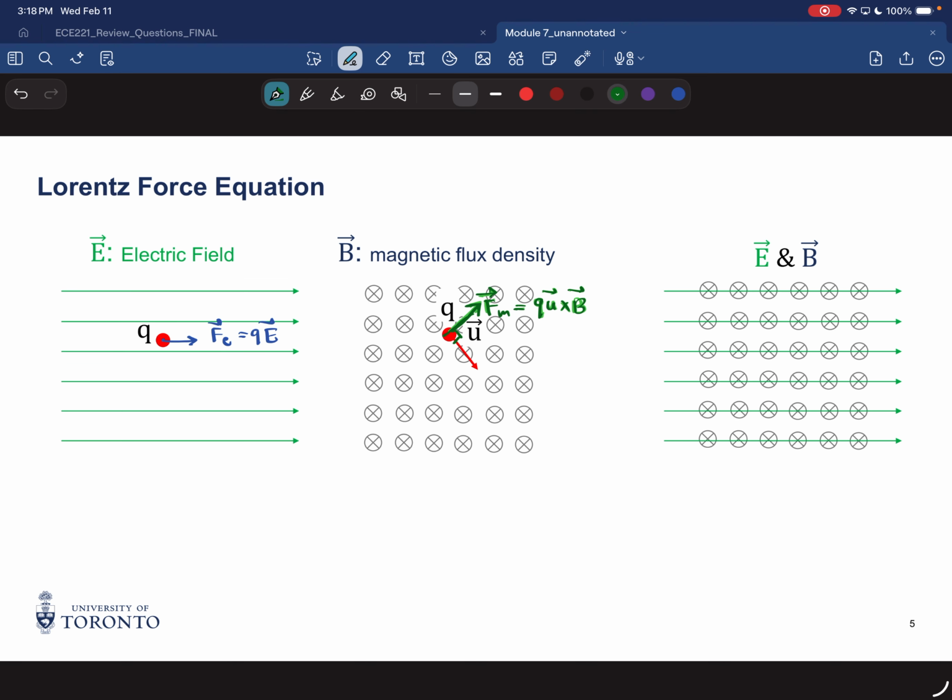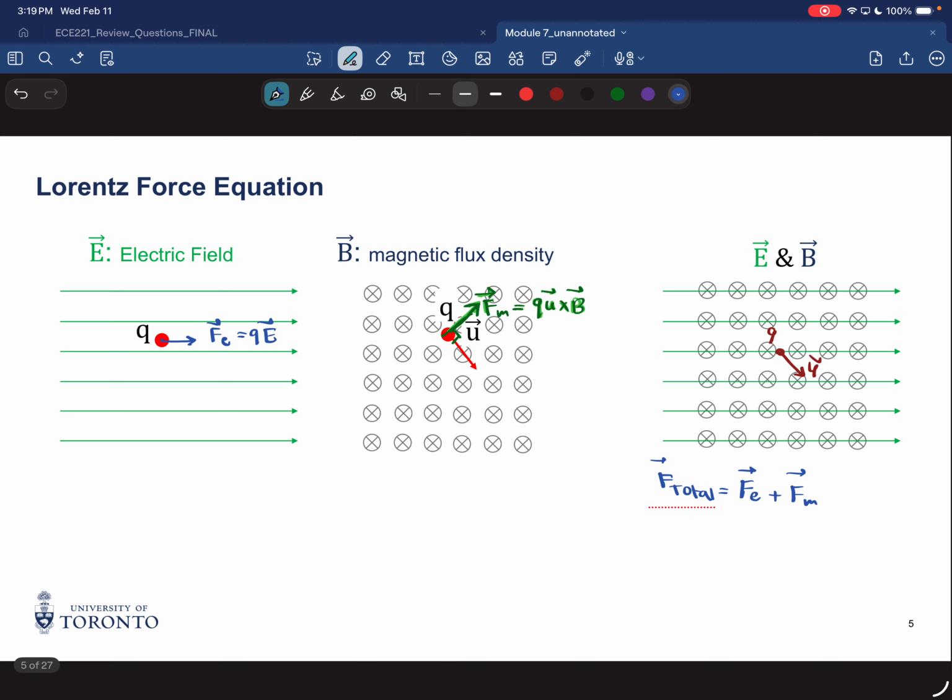So, if I put this charge that is moving in the presence of both of them, this is Q, and it is moving in U direction, then the total force on it is going to be the electric force, the force that the electric field is applying, and also the force that the magnetic field is applying.